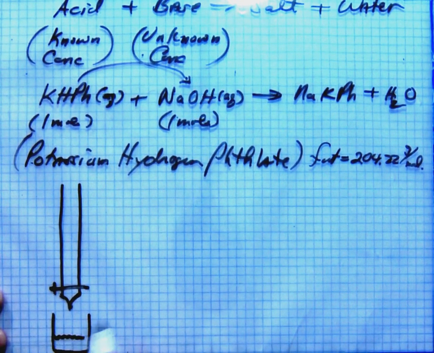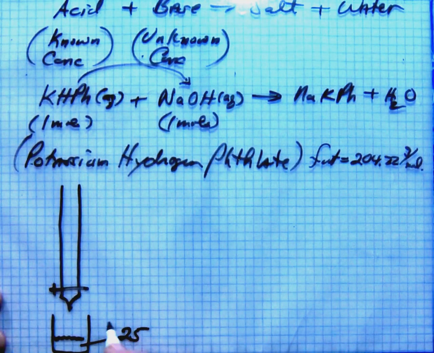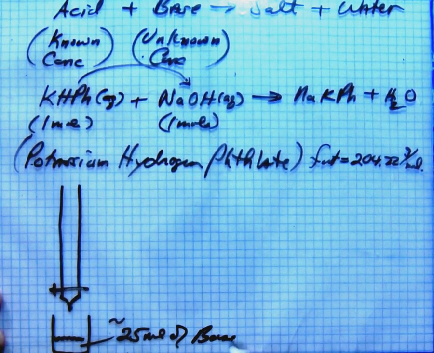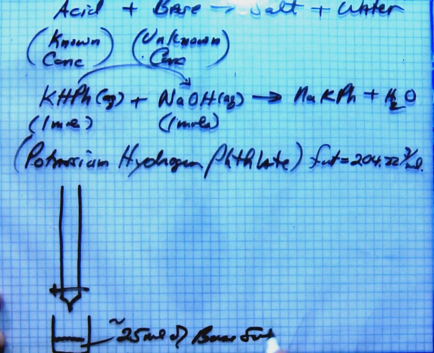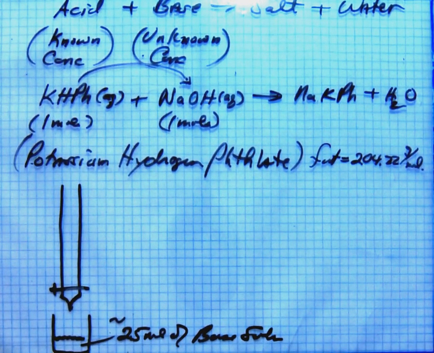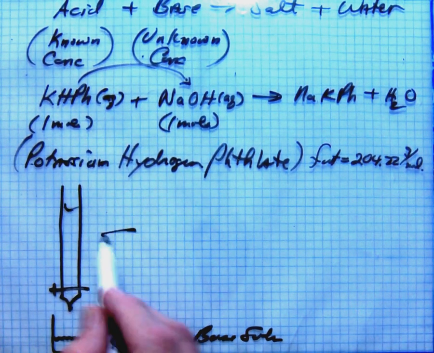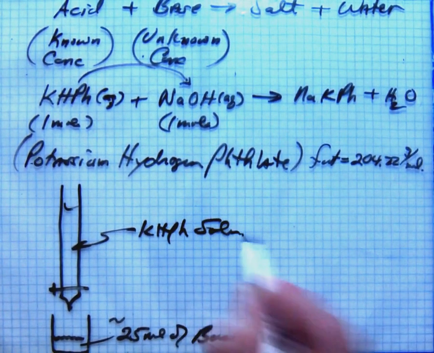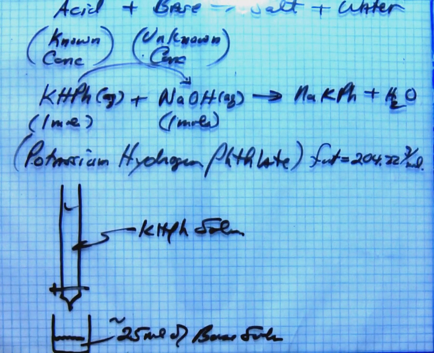What you're going to do is put about 25 milliliters of your base solution down here, and up here you want to put in your KHP solution.